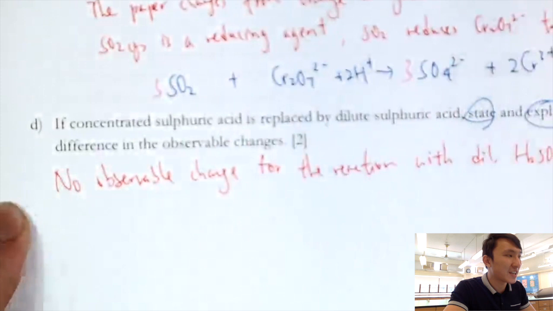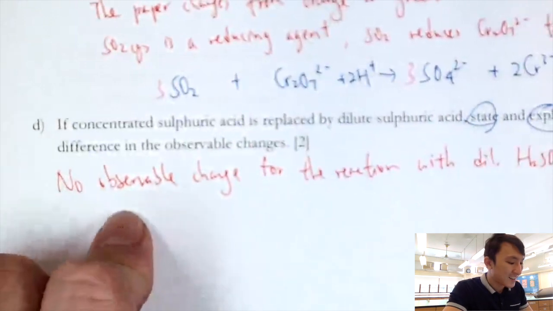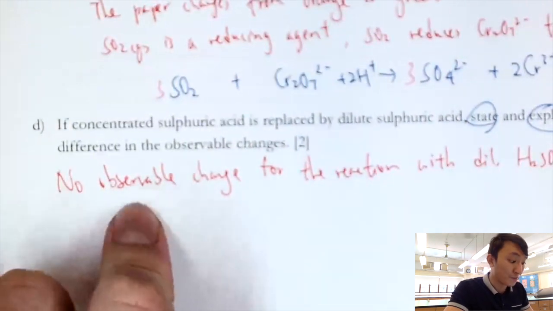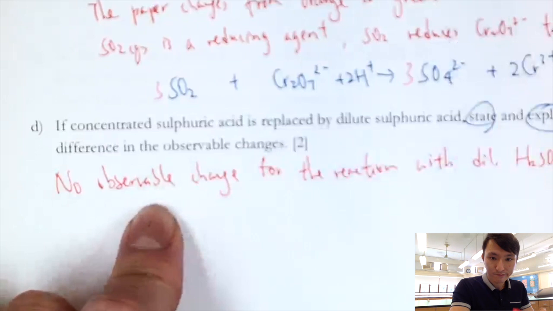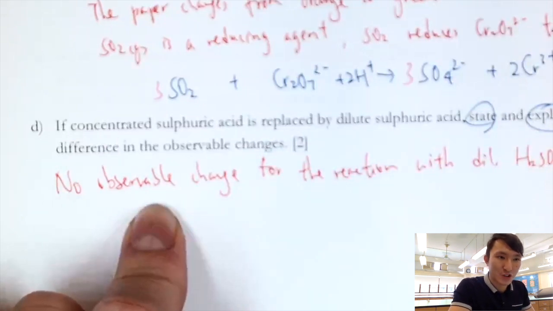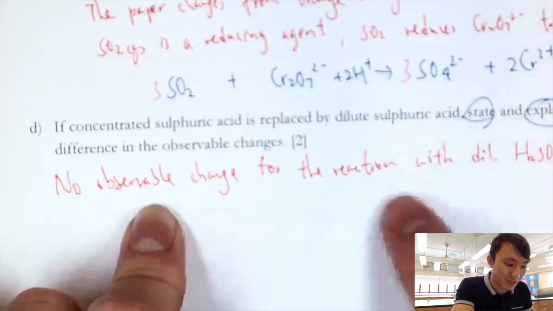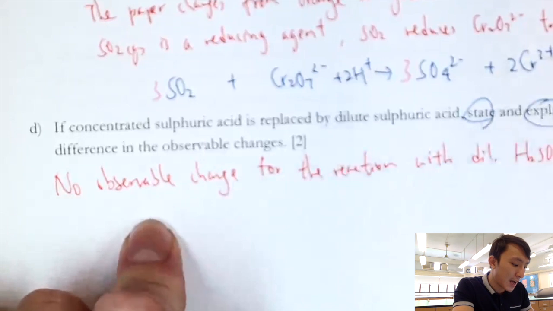Okay. Now don't just say no observable change, because otherwise people would think, does it mean that the dilute acid and the concentrated acid react the same way, so there is no change in the observation? You try to convey your message to avoid confusion, right? So this is why I put down the later part.